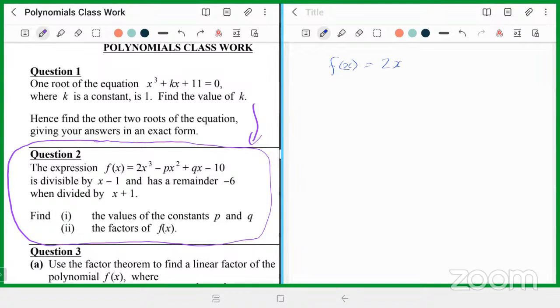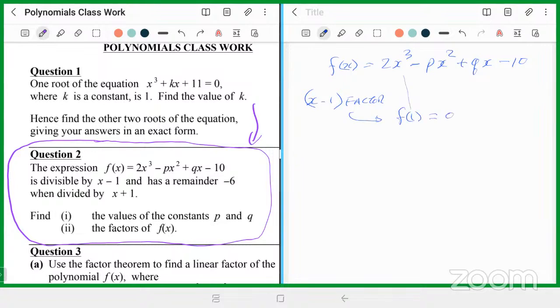equals 2x cubed minus px squared plus qx minus 10. And it says it is divisible by x minus 1, means that x minus 1 is a factor. So x minus 1 as a factor is going to give us one equation, because this means that f of 1 is equal to 0.